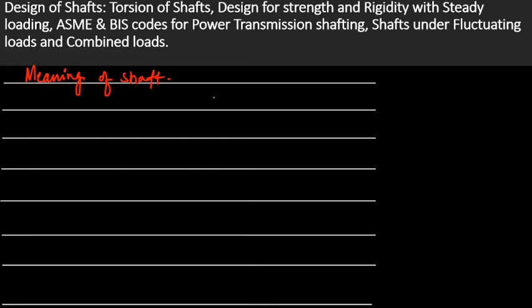Shafts are basically classified into two types: rotating shafts and stationary shafts. In technical terms, rotating shafts are used to transmit the power.